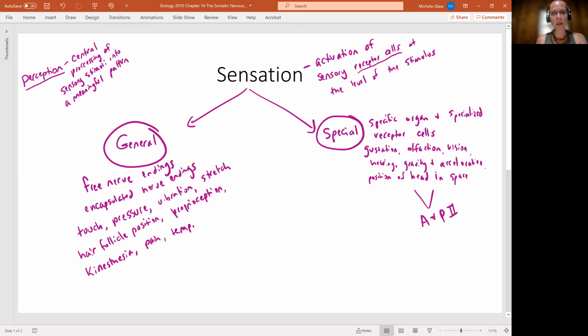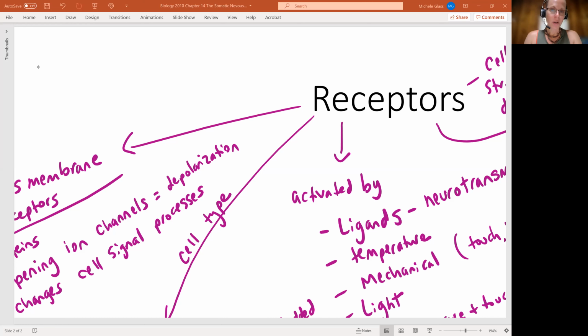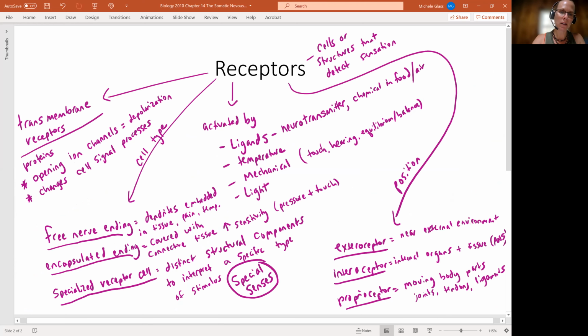Let's go ahead and remind ourselves of some specific receptor cells. So let's talk about some specific receptor cells and some specific types of receptor cells. Let's actually start with some types first. We talked about classifying receptors based on cell type.